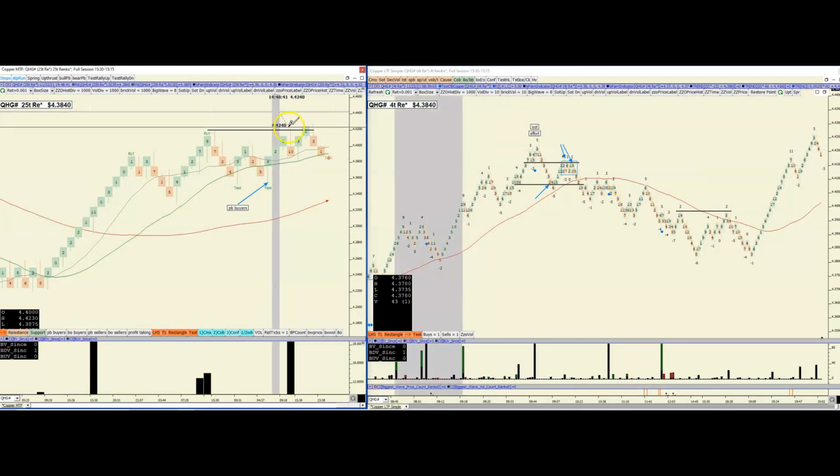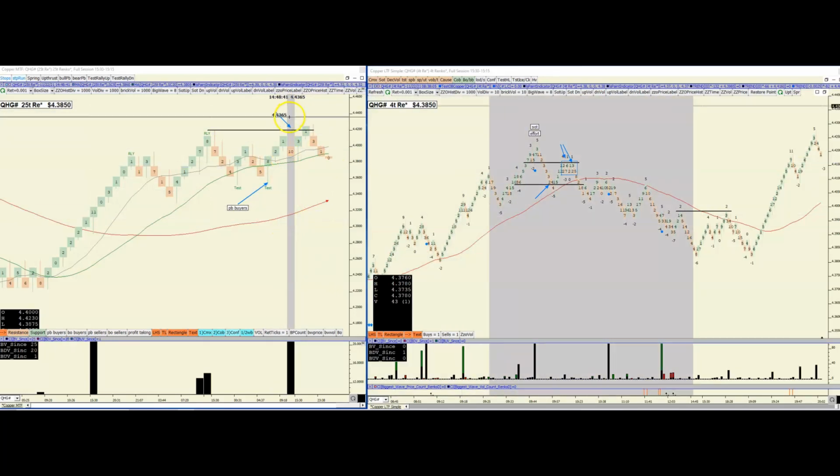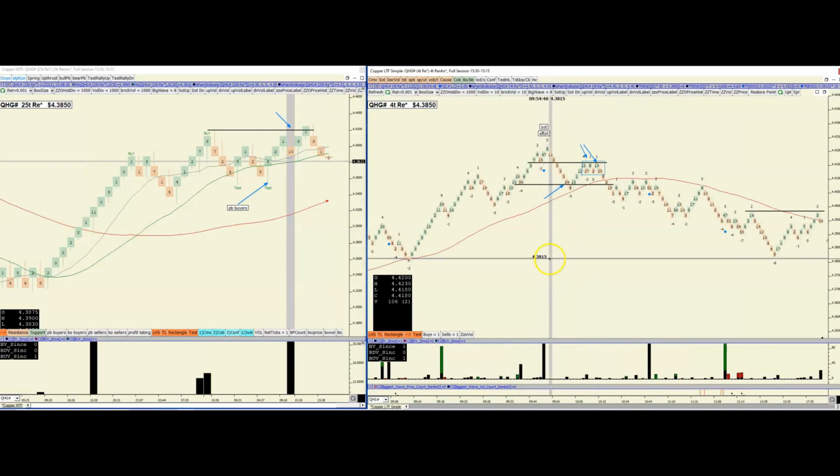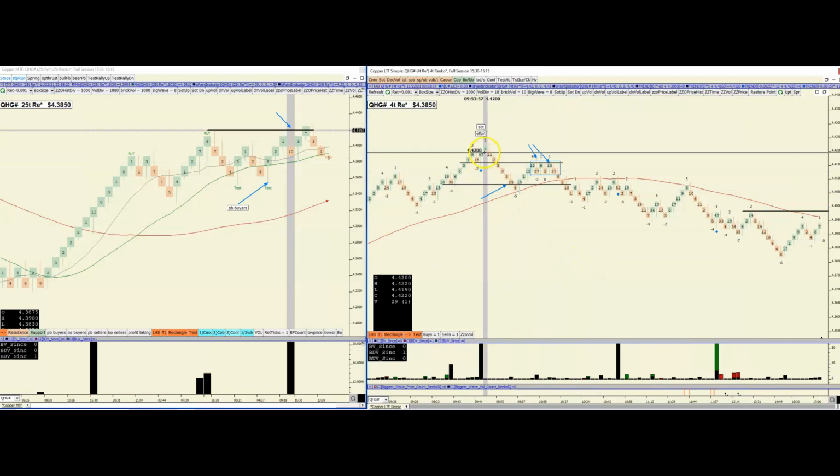That occurred right there. Now what really interested me was that this is in a breakout position.